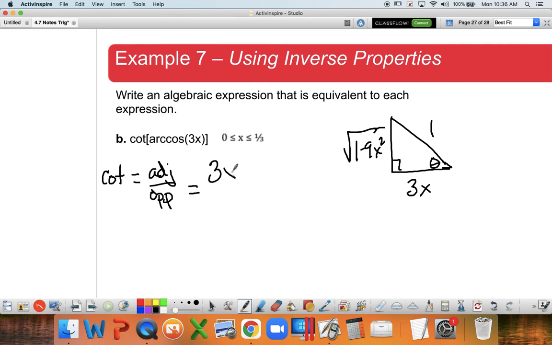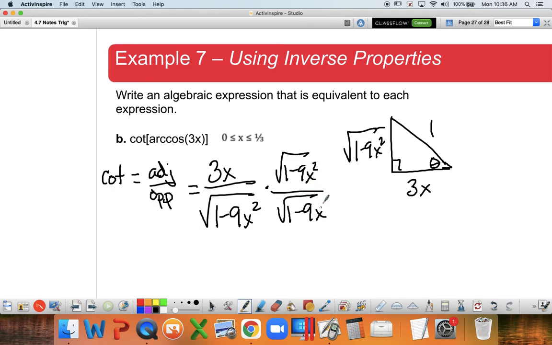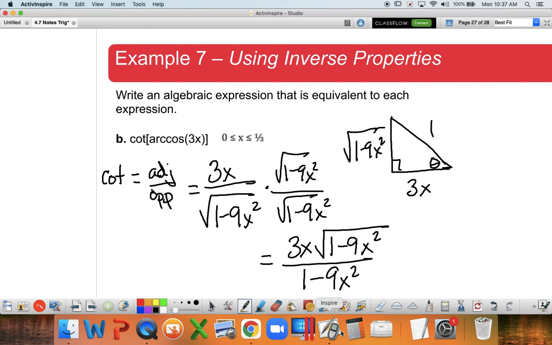So I get 3x over the square root of 1 minus 9x squared. And this just comes down to the whole idea that I'm not allowed to have a square root in the denominator. So can we simplify this? I know these are getting pretty ugly. My final answer ends up being 3x times the square root of 1 minus 9x squared all over 1 minus 9x squared.